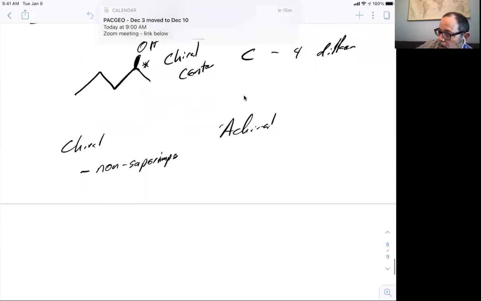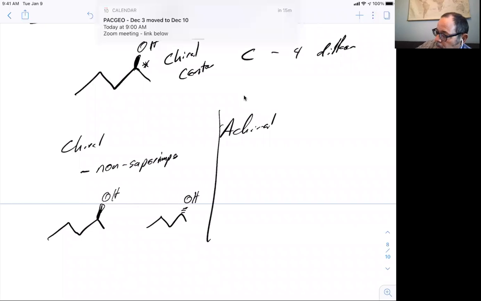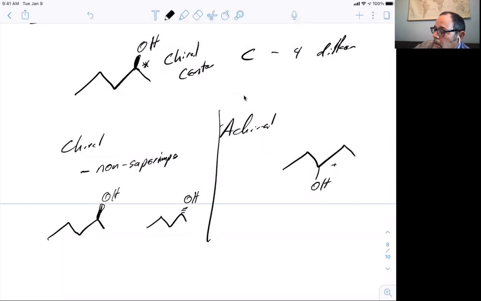So in this case, we have that and this. But if we look at achiral, if I had put that oxygen in the middle, I now don't have a chiral center. There's no chiral center.